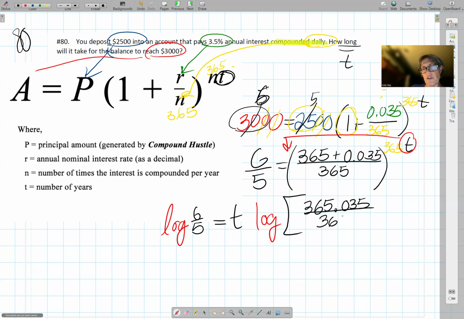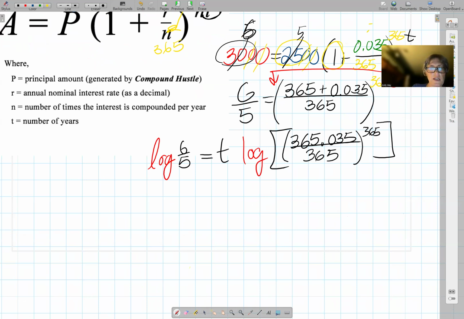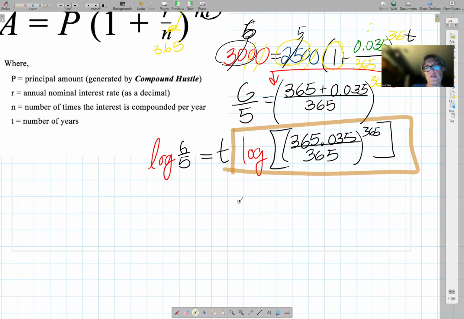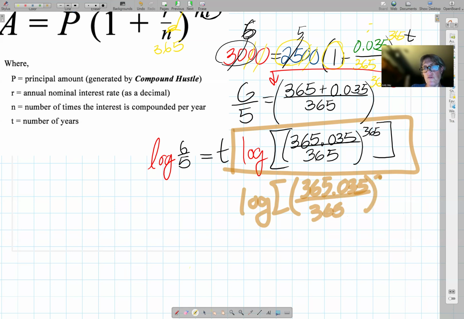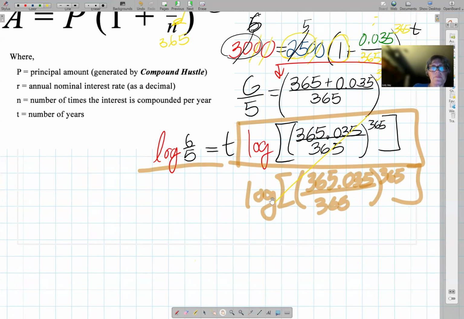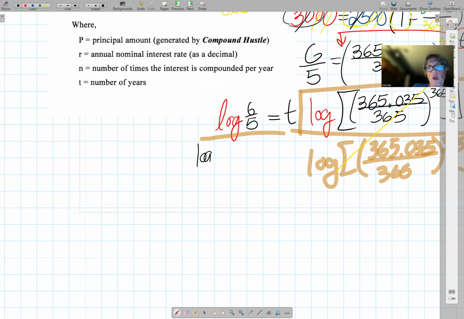We're going to divide this entire entity out, so that entire thing cancels. Therefore, log of 6 over 5 divided by log of 1 plus 0.035 over 365 to the 365th power is going to equal T.